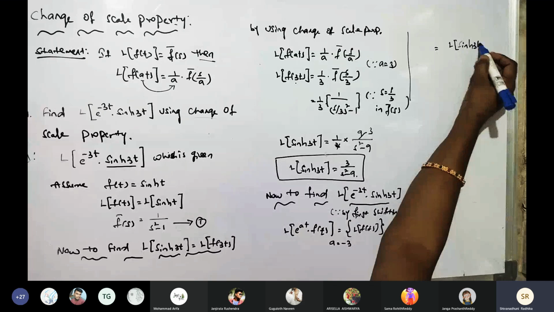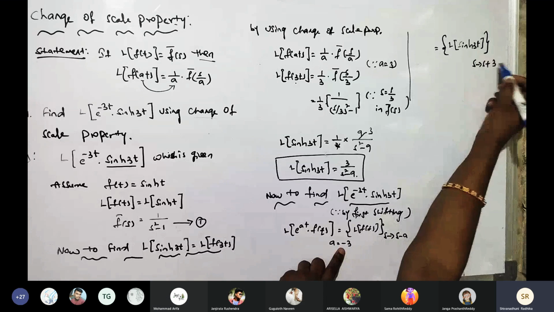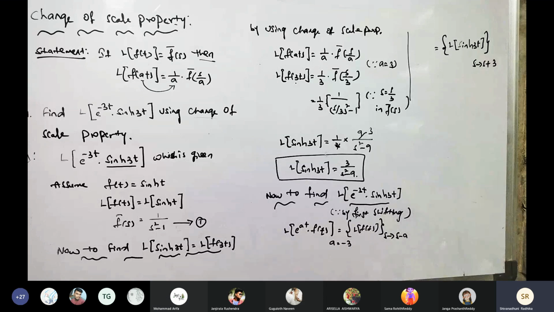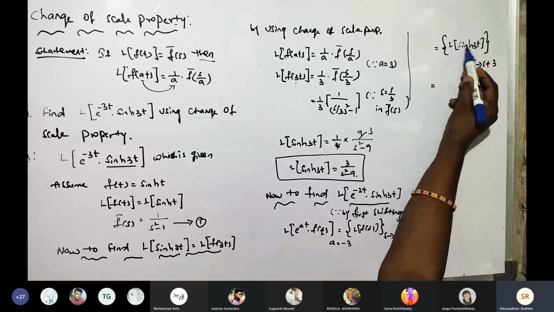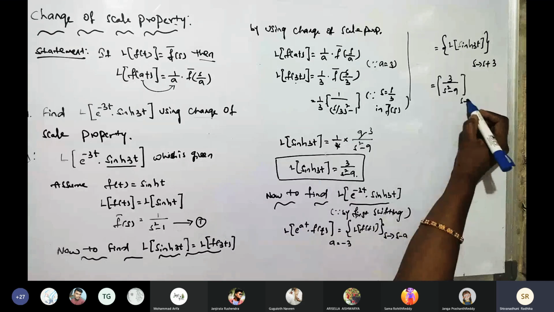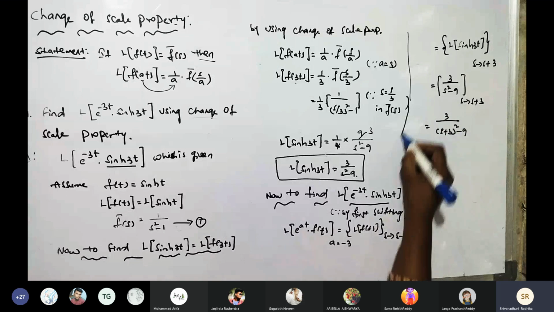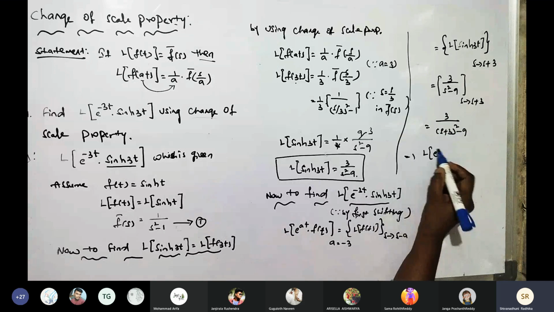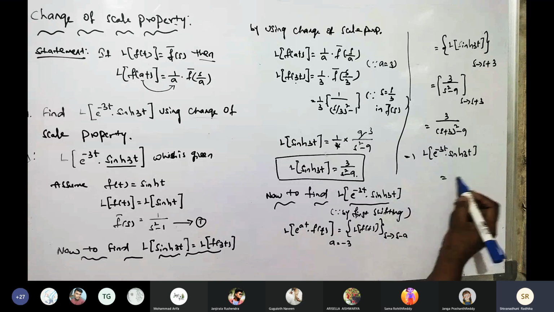Is it visible, ma'am, the last step? Yes, ma'am. So L of sinh 3t is 3 by s square minus 9, and s changes to s plus 3. So L of e power minus 3t into sinh 3t equals 3 by (s plus 3) whole square minus 9.